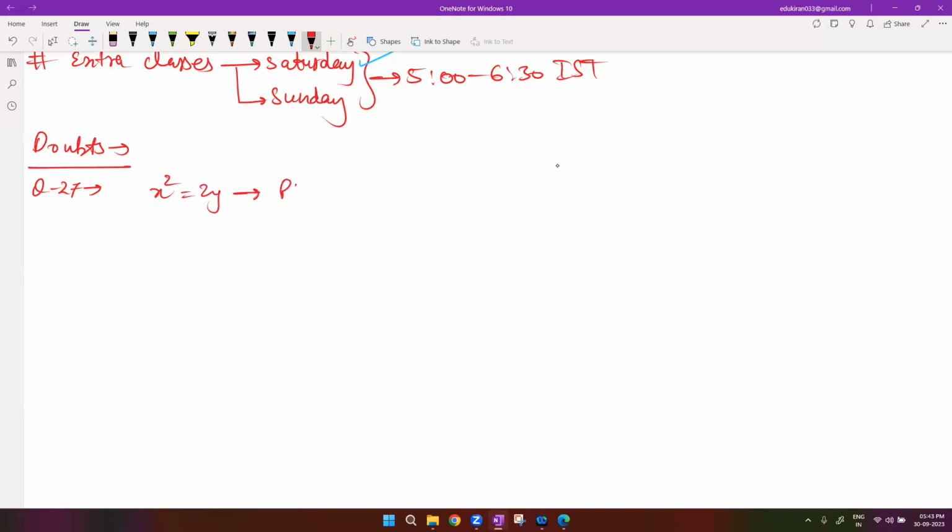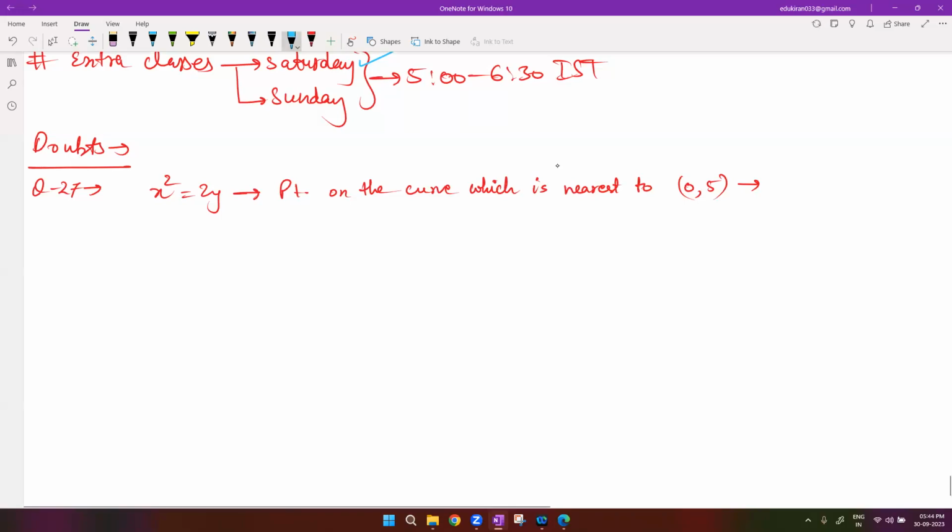We need to find a point on this curve which is nearest to (0,5). The point on the curve x square equals 2y which is nearest to this point (0,5), right? Okay, we also have options, correct.